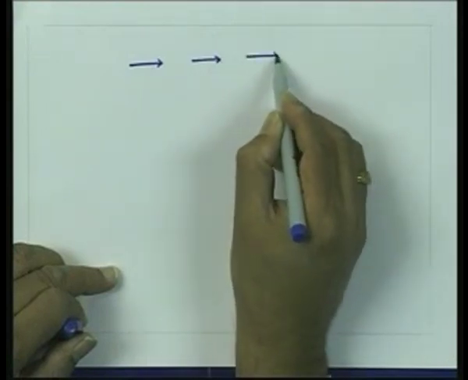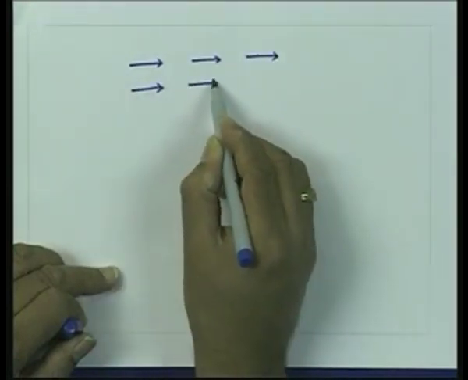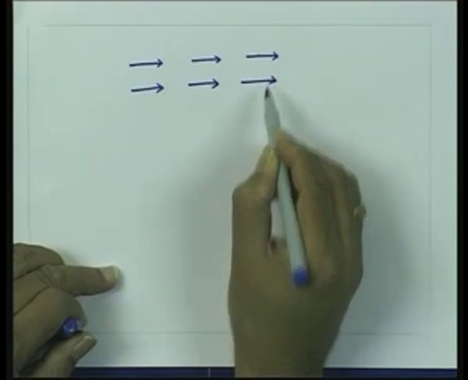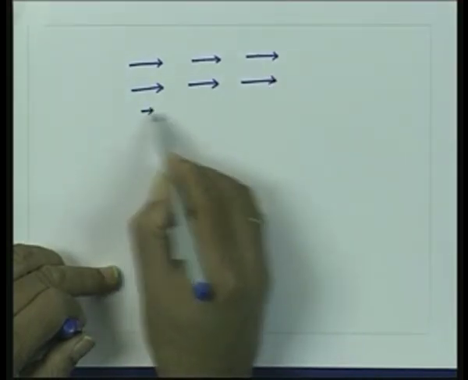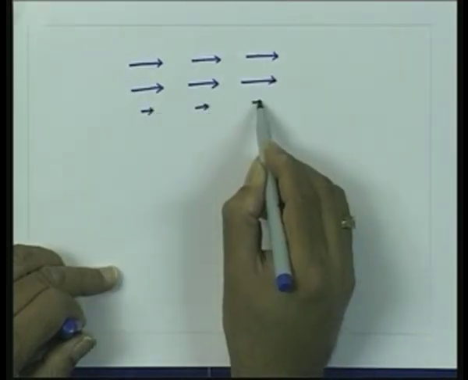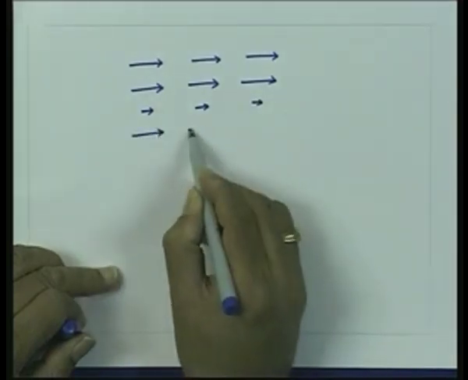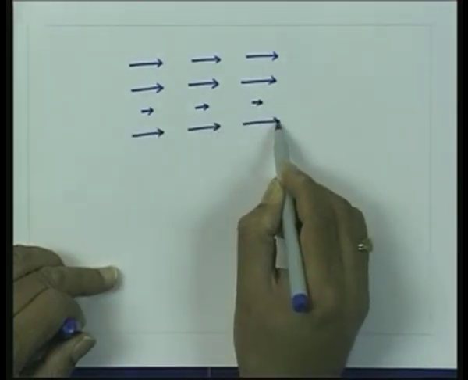So, just to get a little better feel, let us ask what kind of fields would give me the divergence and what kind of fields will give me the curl. So, if I draw, let us say, a vector field, again we are writing the arrows which are representing the vectors.